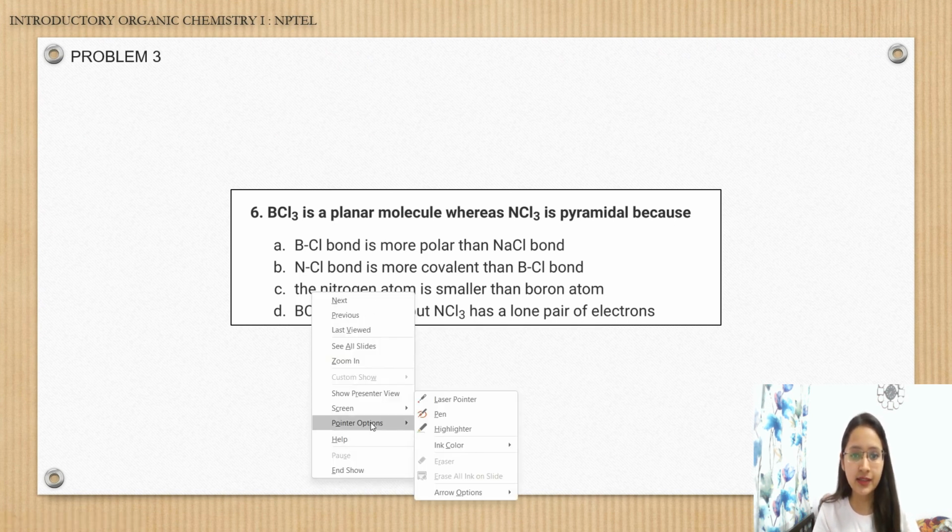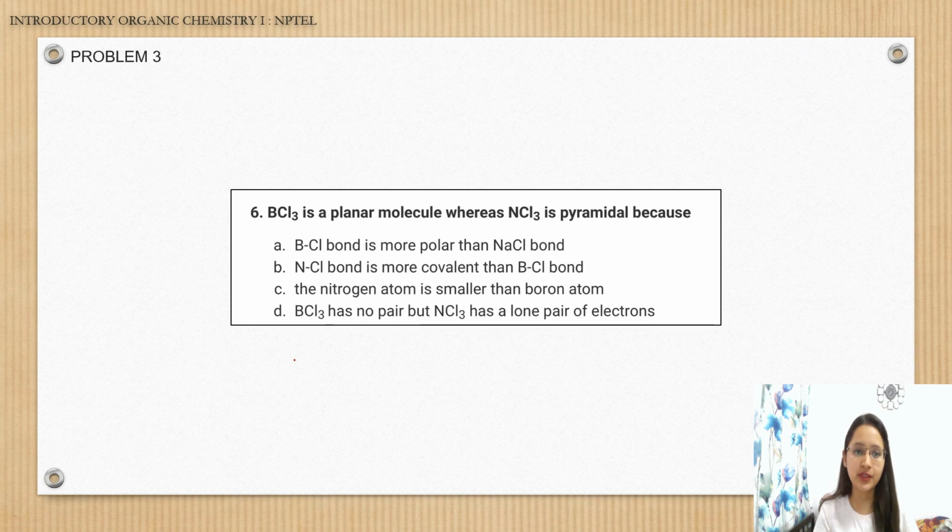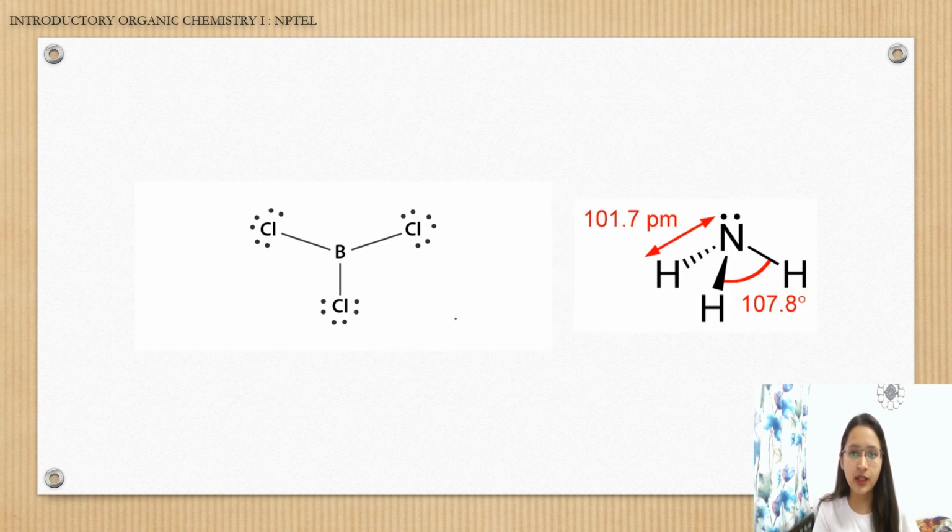Very good. Option D is the right answer. Why? See, what is happening here is BCl3 doesn't have a lone pair of electrons. Boron does not have any lone pair of electrons because all the bonds are occupied. But in the nitrogen case, one lone pair of electrons is present.